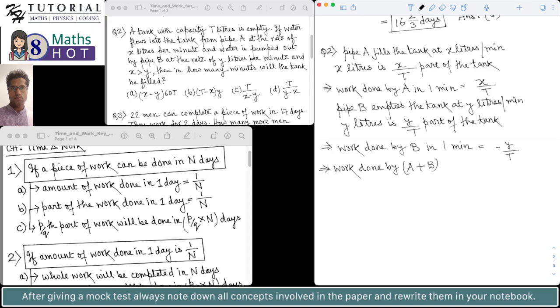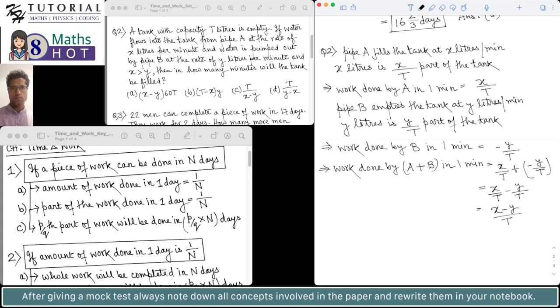Work done by A plus B in 1 minute will be equal to the sum of the work done by A and B in 1 minute, that is x by t plus minus y by t. This is equal to x by t minus y by t. If I take t common from the denominator, this will be x minus y divided by t.